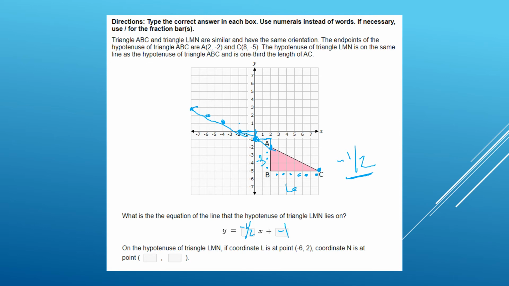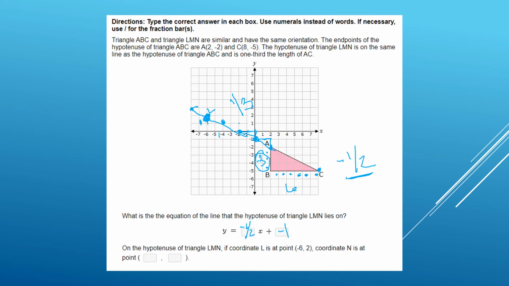Okay, so our second question, remember the length of our other triangle that's at (-6, 2), that's here. This is L, is 1/3 the length. I'm sorry, 1/3 the length. So if this length is -3, then 1/3 of that is just 1.